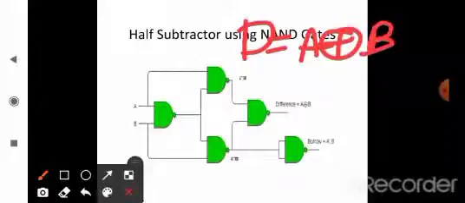What is the sum? Sum is A XOR B. So we can have this XOR realization similar to the half adder, and you can use the same principle for the subtractor.